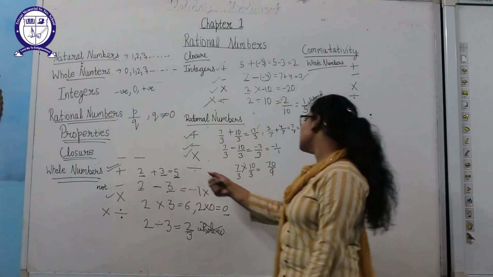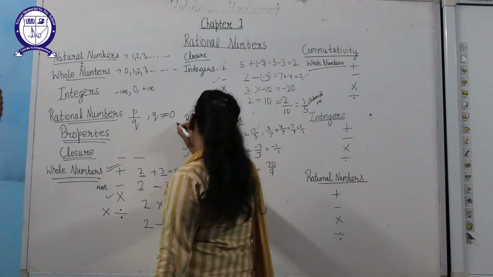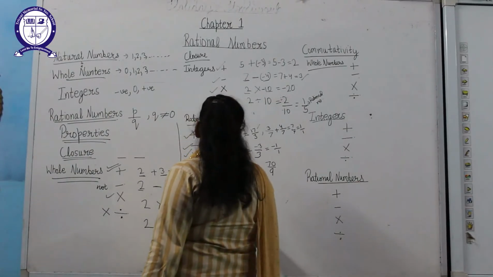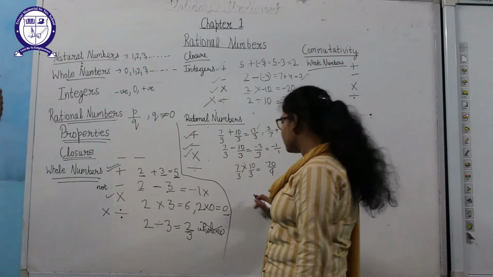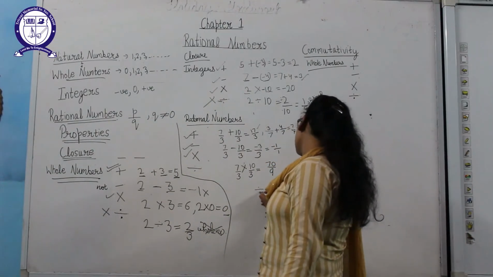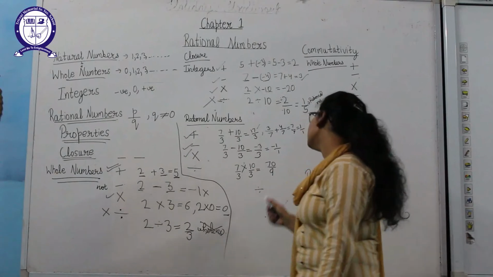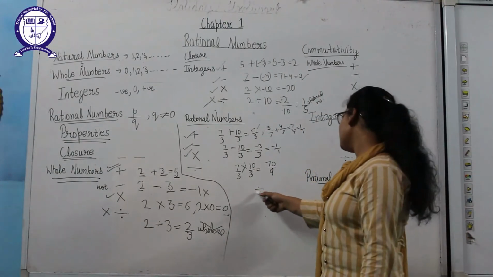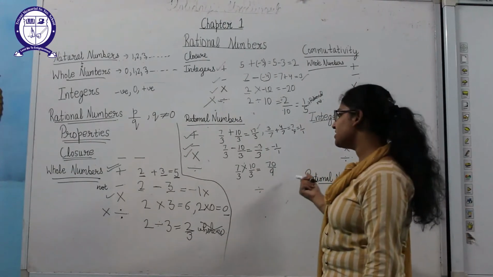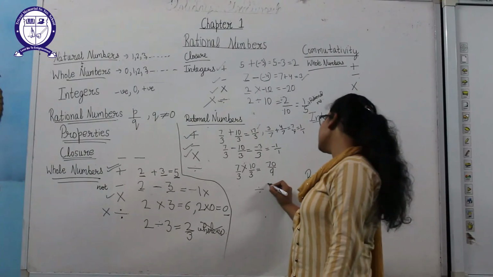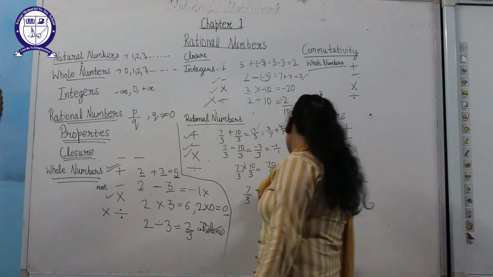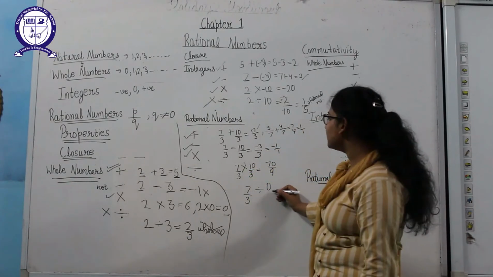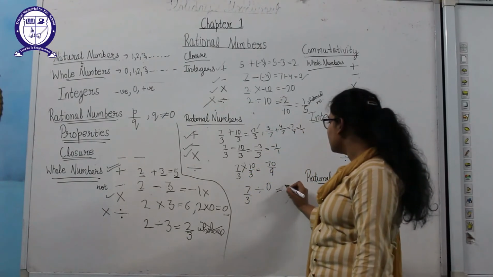Now what about the division? What we will do in the case of division? I am performing division here, okay? If we are dividing any of the rational numbers, we will get a rational number. But suppose there is a 0. There is any rational number, but we are getting 0 as a divisor.